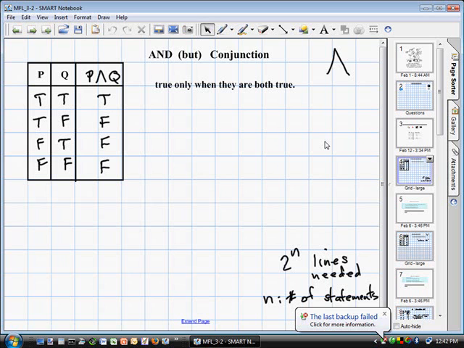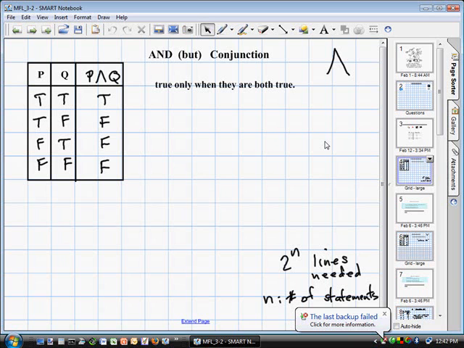Okay, and in this scenario, the only time I can tell you the truth with an AND statement is when both are true. At the bottom corner I have this, 2 to the nth lines are needed. N stands for the number of statements.